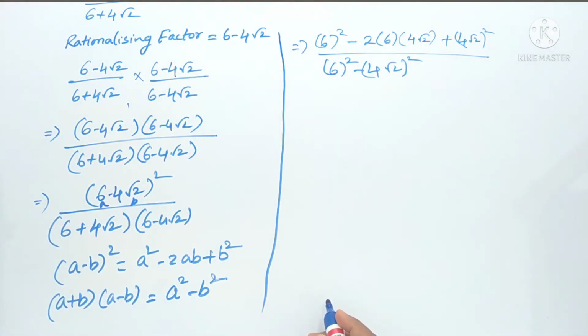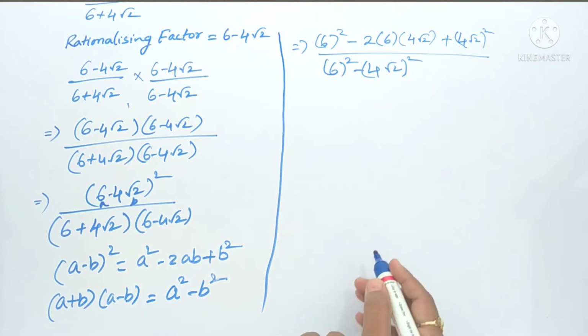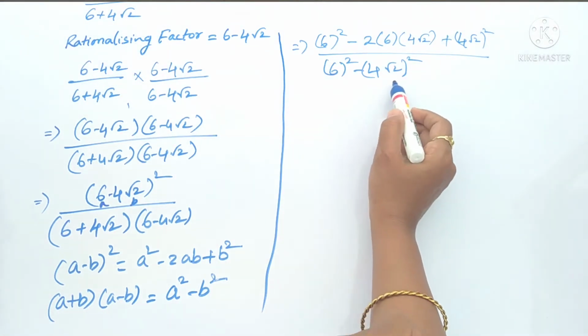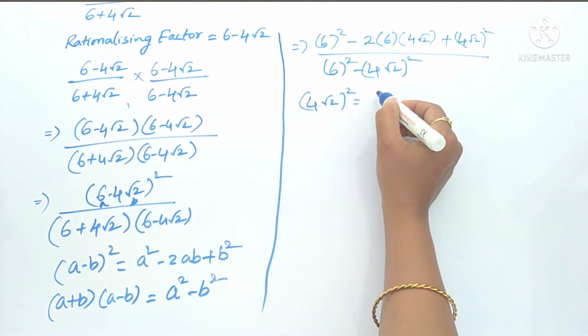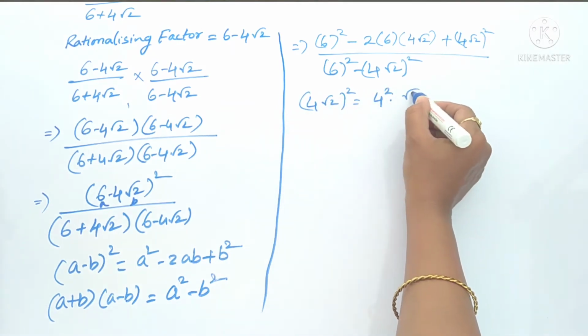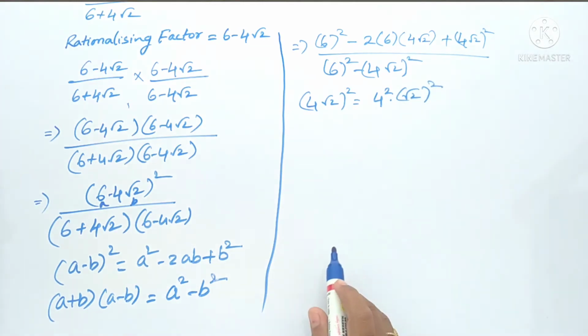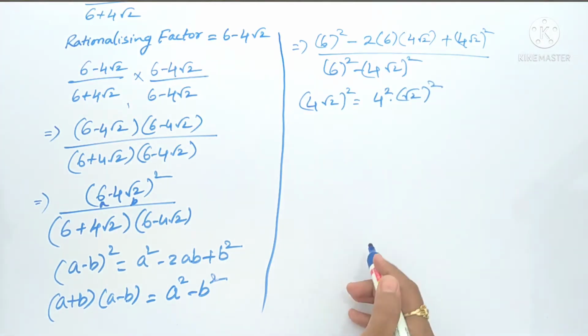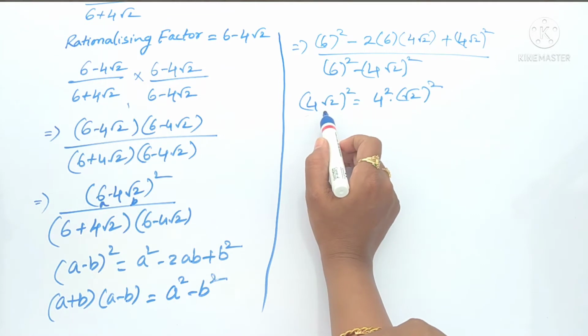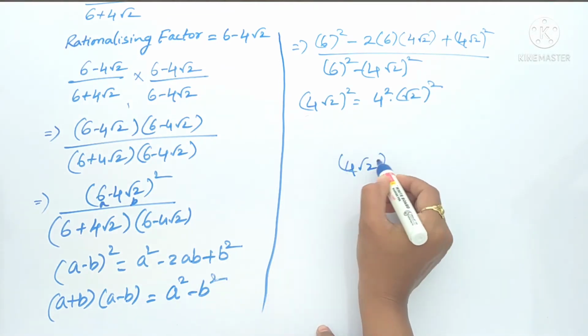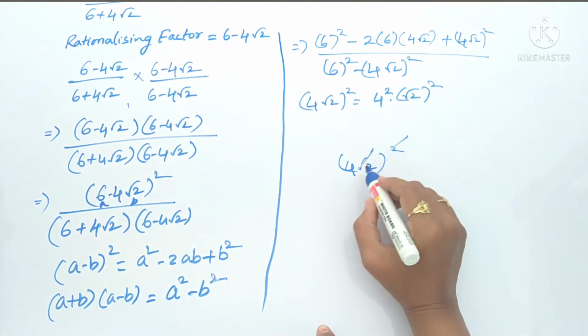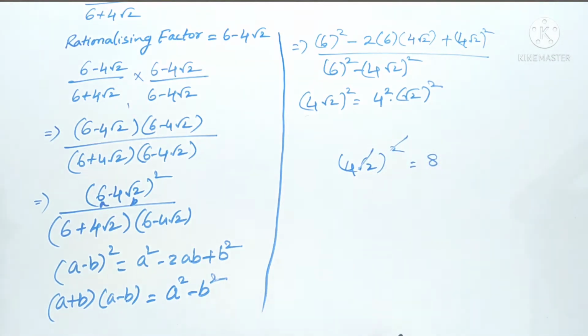So now the main point you have to remember is this 4 root 2 whole square. 4 root 2 whole square means 4 square into root 2 whole square. Okay. Square applies to both numbers. Usually the students will think 4 root 2 whole square means the square and root get cancelled, 4 into 2 is 8.